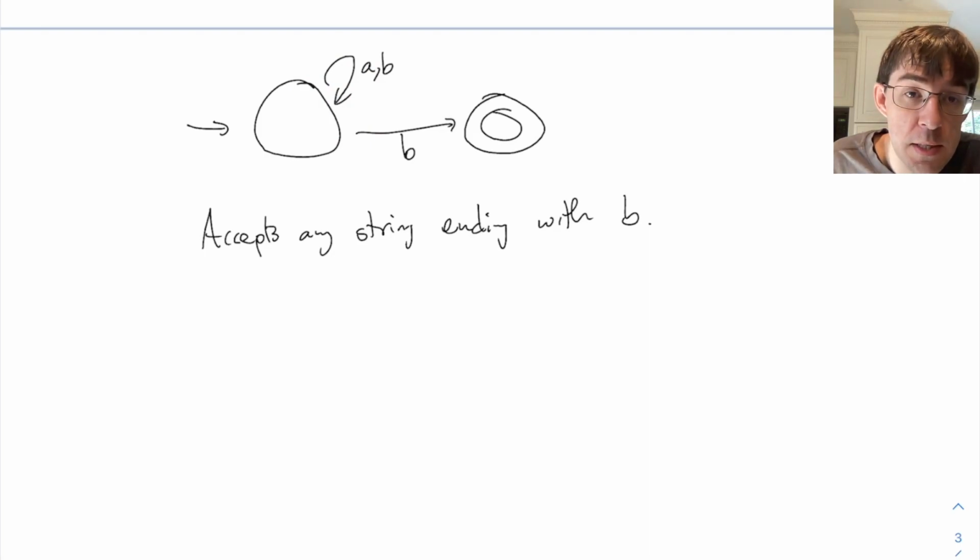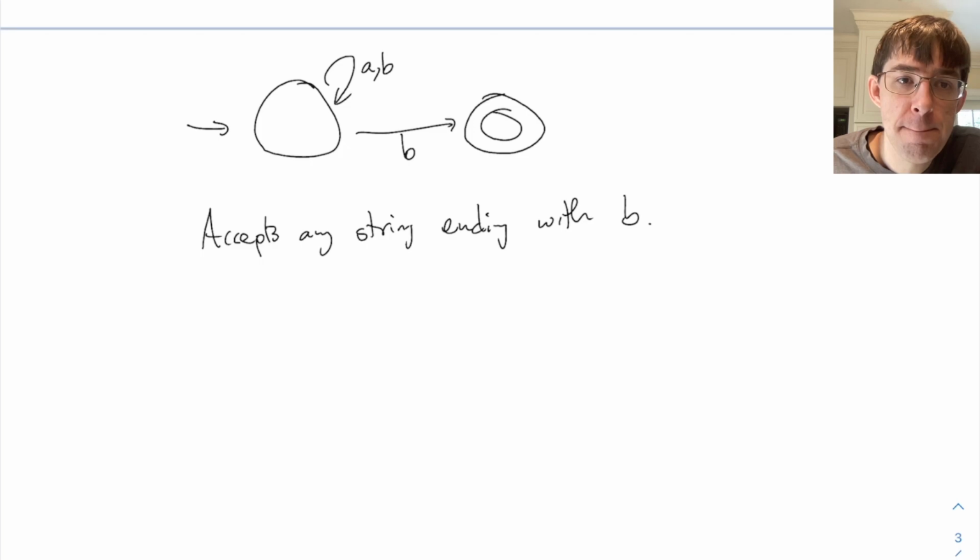But if you want to make it to the accepting state, you have to finish with a B and then not do anything else, because you're not allowed to do anything else after that B. This accepts any string ending with a B. You can also make a DFA which accepts any string ending with a B, but this to me is a little clearer, the structure.